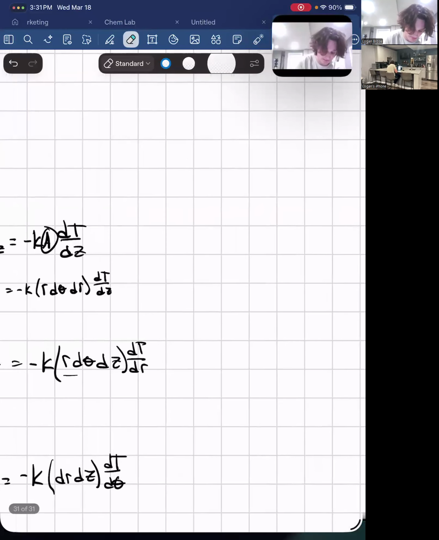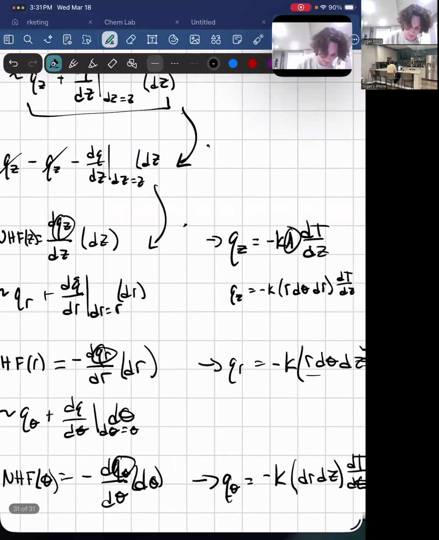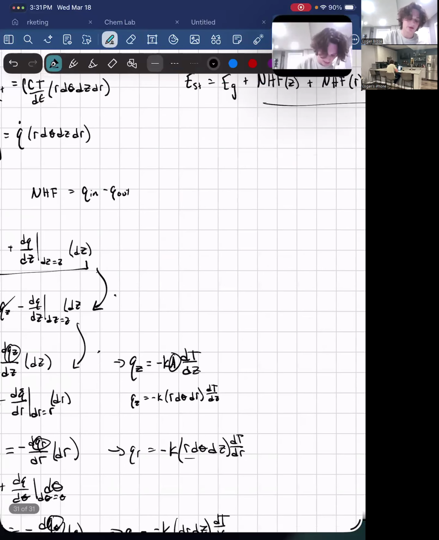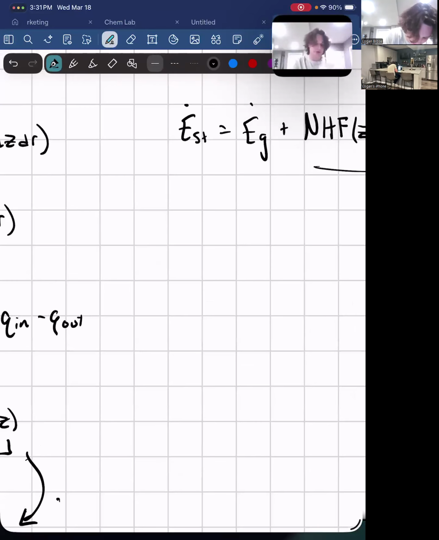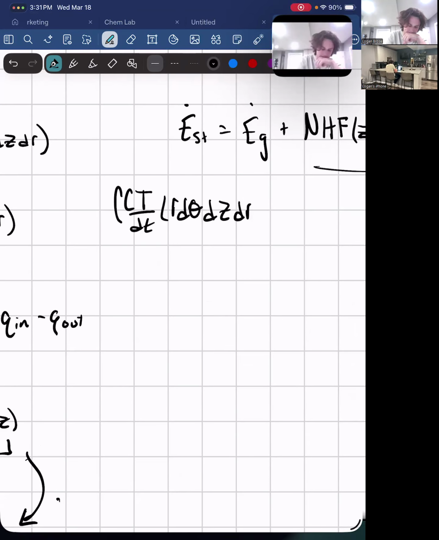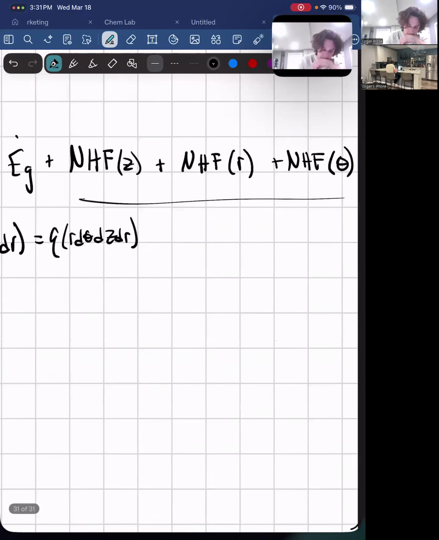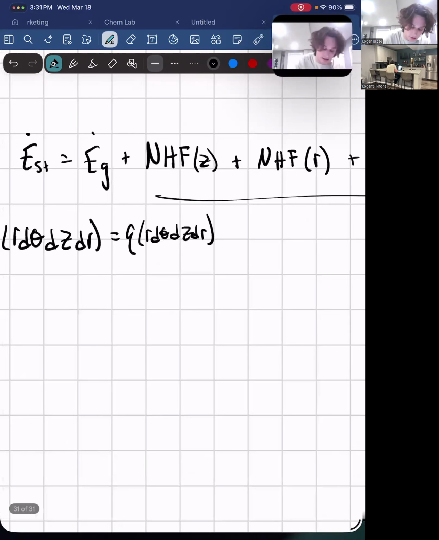So for z, I'll bring it up here. We'll do it up here as we go. So E storage, we have our rho c dT dt times our change of volume, so r d theta dz dr equals our q times r d theta dz dr. And then we have our net heat flows.